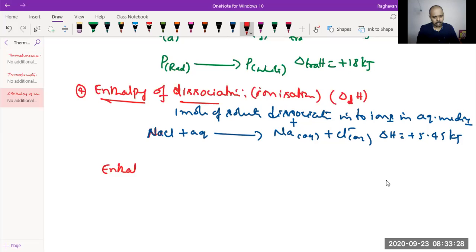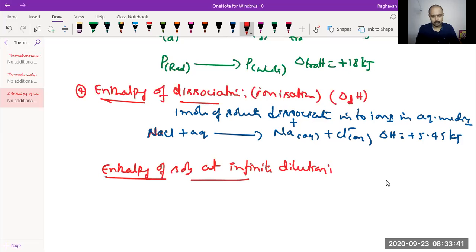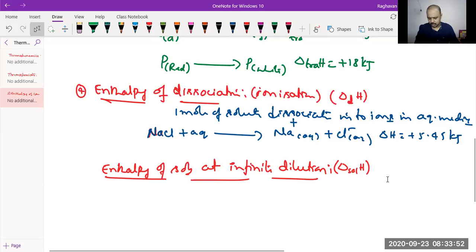Enthalpy of solution at infinite dilution, you should call that. What is enthalpy of solution at infinite dilution? Same definition: whenever 1 mole of a solute is dissolved in a solvent, it ionizes.